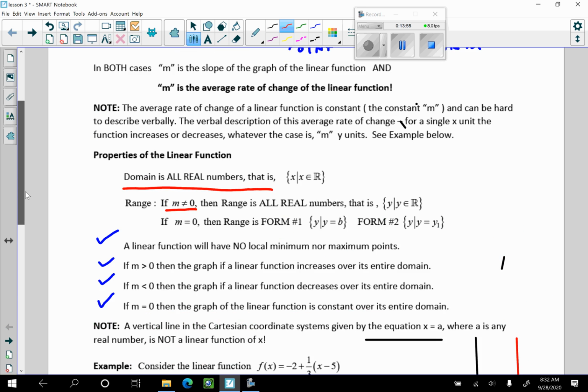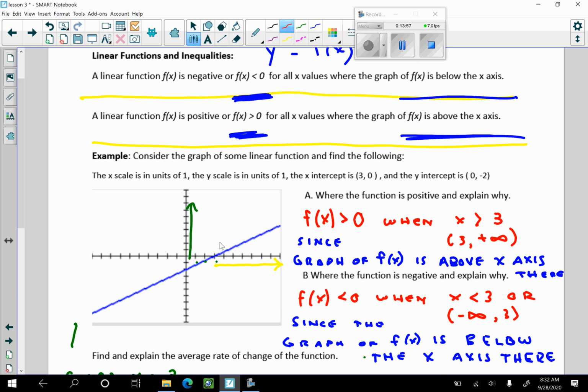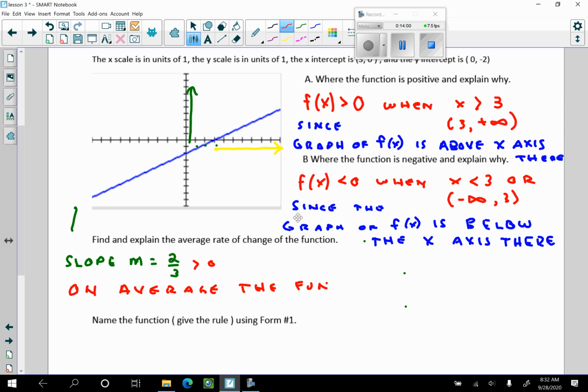On average, for each x unit, the function increases how many y units? 2/3 y units. Okay, so let's name the function. On average, each x unit increases 2/3 y units.